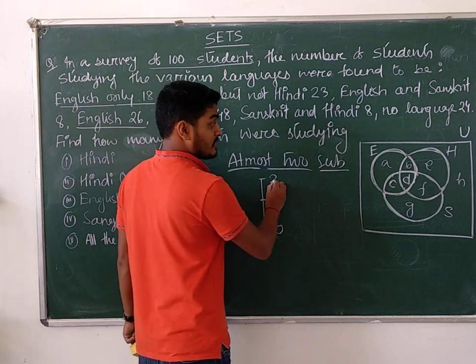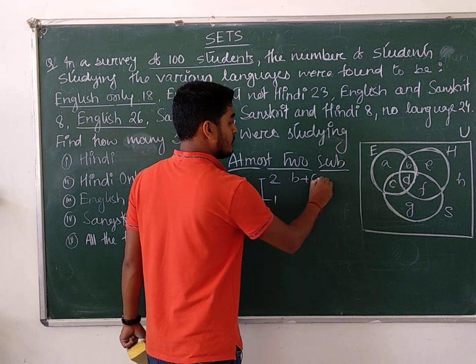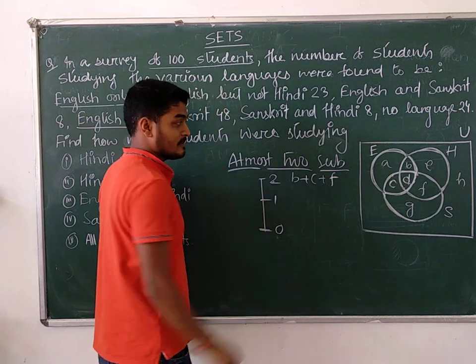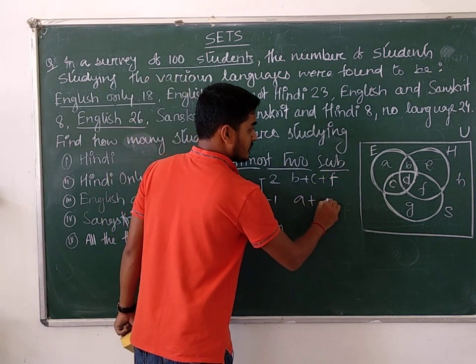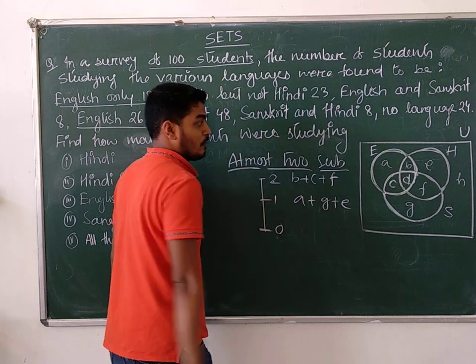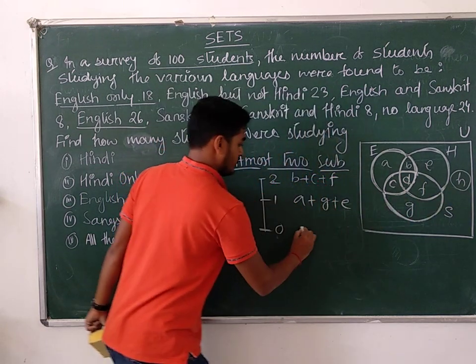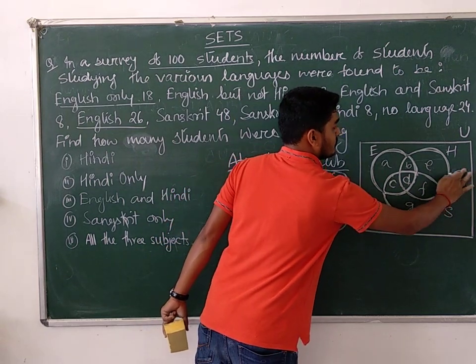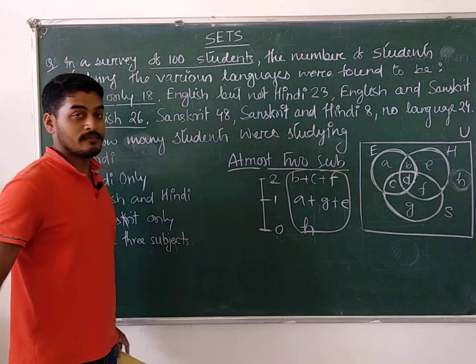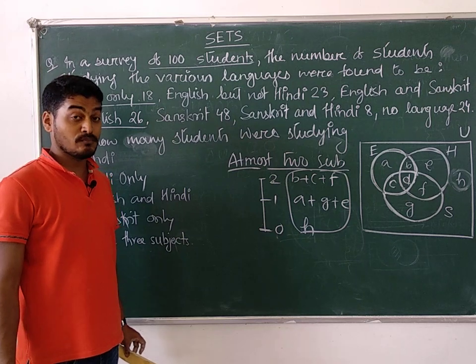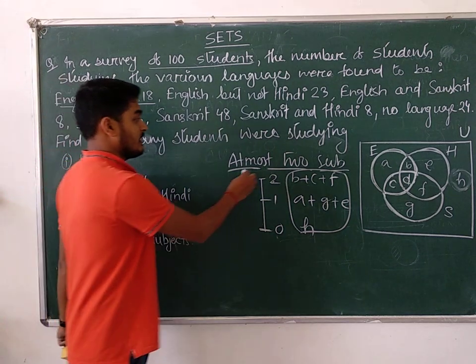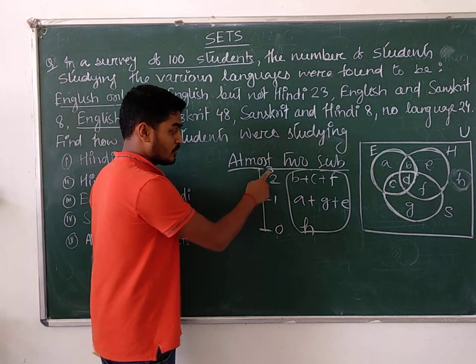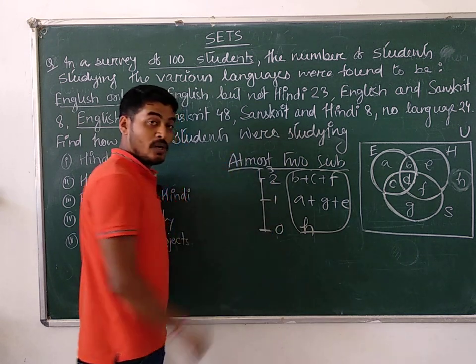Those who read two subjects: B plus C plus F. Those who read one subject: F plus Z plus E. Those who read none: H. So add all those three values, and you will have the number of students who read at most two subjects. At most 3 means the maximum will be 3, so 3 plus 2 plus 1 plus 0, all those values you have to add.